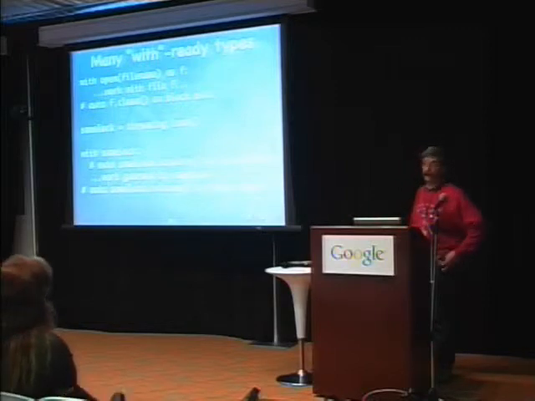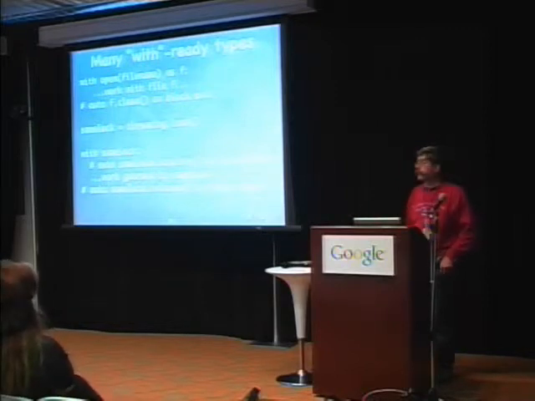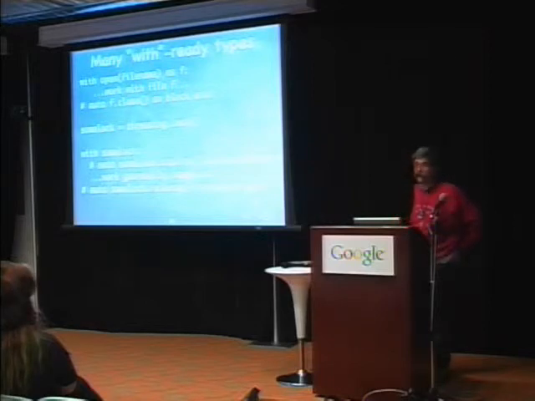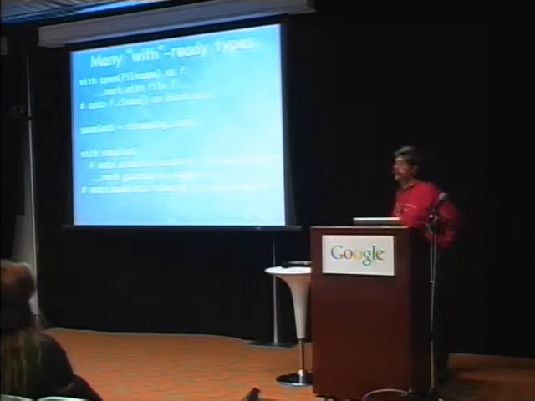Same for locks, another great example of resource acquisition as initialization. Say that somewhere in your code you have one global lock called SUMLOCK, an instance of threading.lock. Now, instead of having to do SUMLOCK.acquire, try blah, blah, blah, finally SUMLOCK.release, and if you forget, you keep holding the lock in case of exceptions and so on.